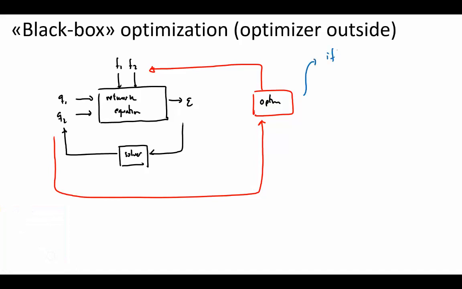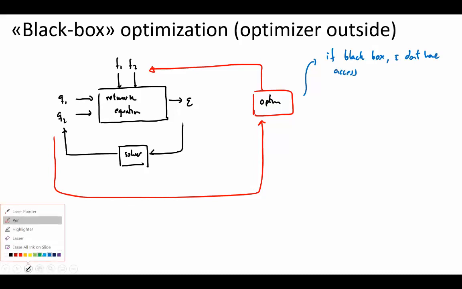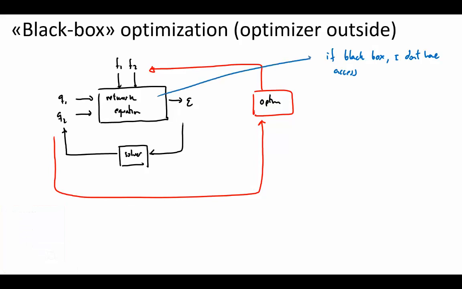If the network model is a black box, not the optimizer, I don't have access to the derivatives with respect to F, which are the ones that we want, analytically.